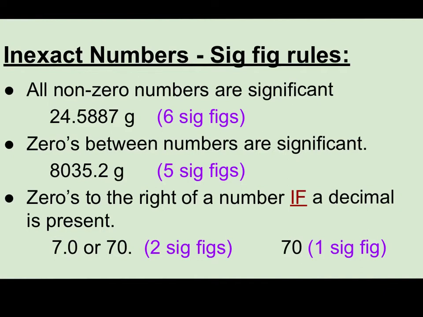So those zeros are significant. If you look here at the number 70 without the decimal written, that 0 is not significant. It's to the right of a number, but again, there's no decimal present. So in this case, this 0 is holding the decimal place. So it is not considered a significant digit.